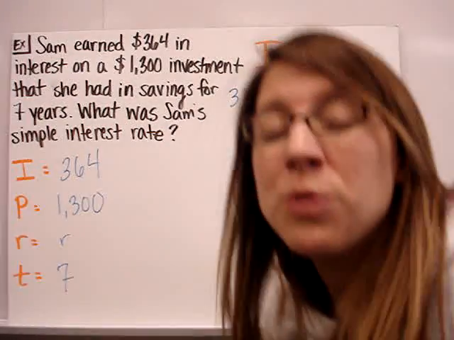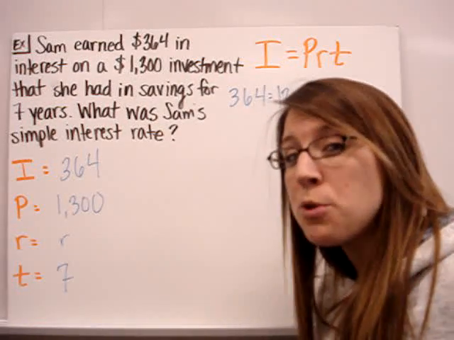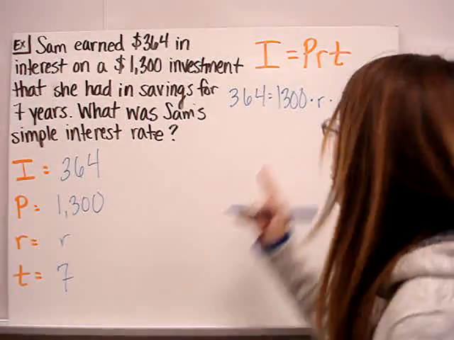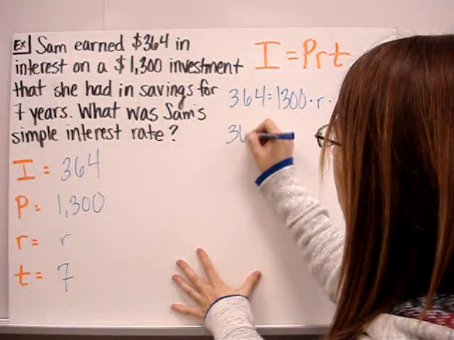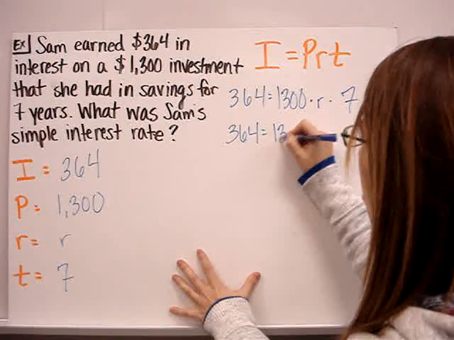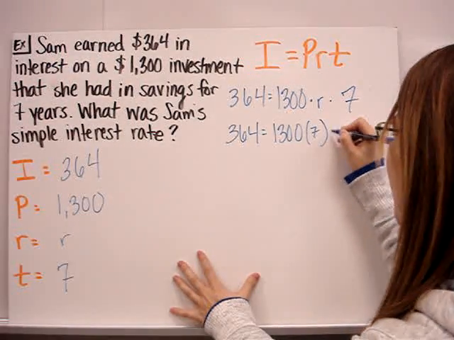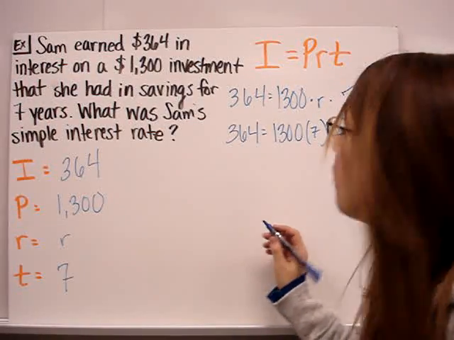This is where I really emphasize using the commutative property of multiplication. You're allowed to move these around. So you can say 364 equals 1,300 times 7 times R, so you can get those together first.